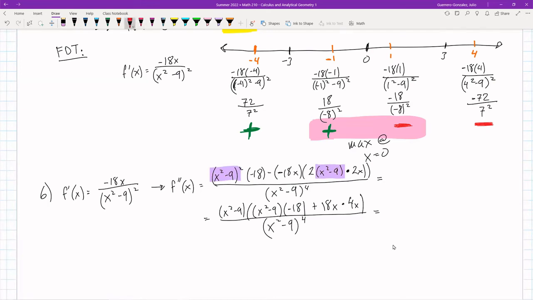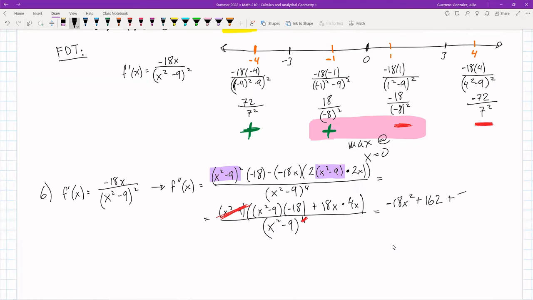I'm going to reduce a couple things here. 1 to the 4th gets to cancel one of those out. So therefore, let me bring my calculator out. I'm going to have now on the top negative 18x squared plus 162 plus 18 times 4.